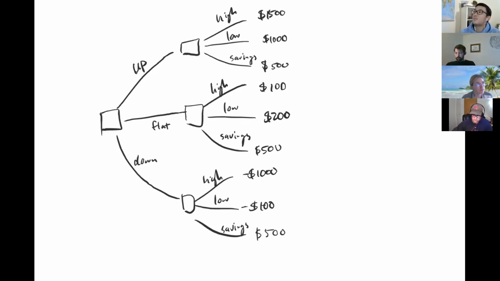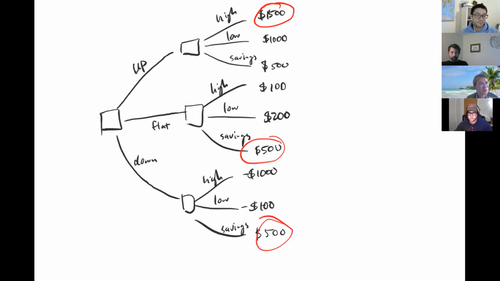So in the case where I know that my stock is going to be going up, then I know that I would want to choose the high case. And in both of the cases where you're going flat or down, it's better to put your money into savings rather than to invest in the stocks, right?